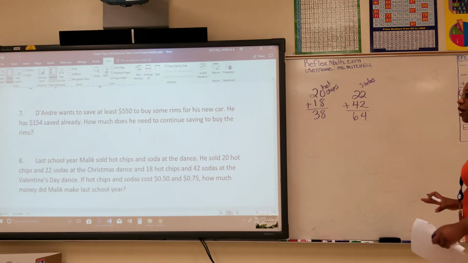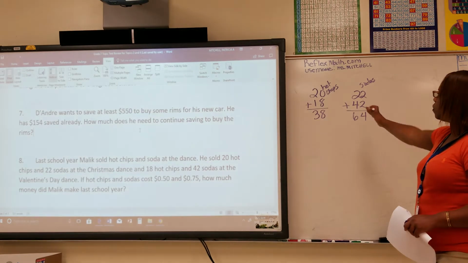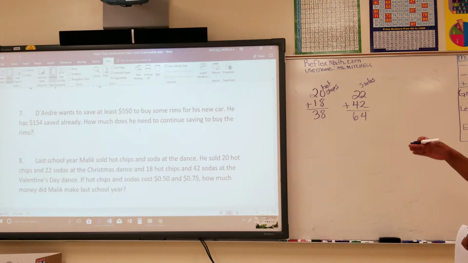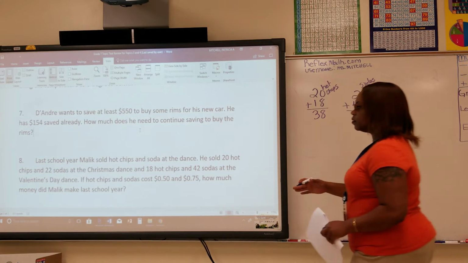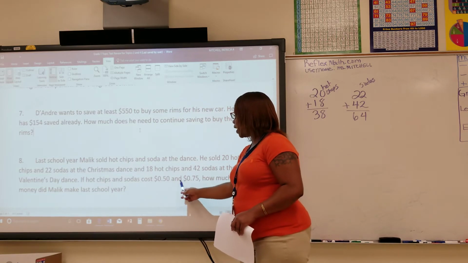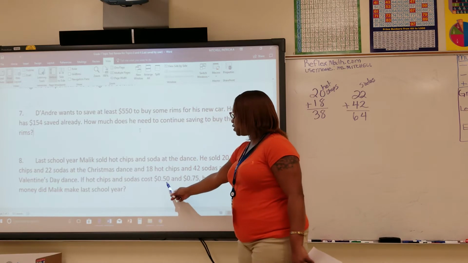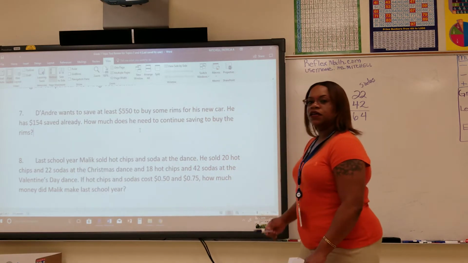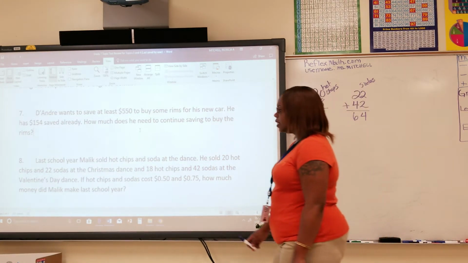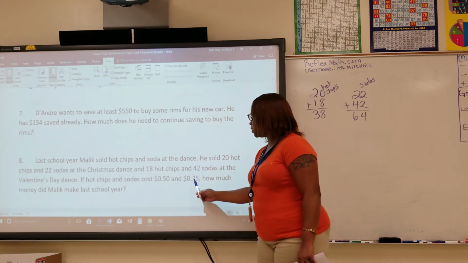So now we have our combined amount of hot chips right here and sodas right here that he sold at the dance. Now, it says that hot chips and sodas cost 50 cents and 75 cents. So when they have it like this, you follow it in order. Hot chips was first, so therefore this amount was first. Therefore, the hot chips were 50 cents. I'll go through that again. They said here, if hot chips and sodas cost 50 cents and 75 cents.